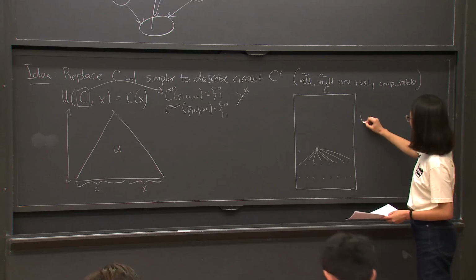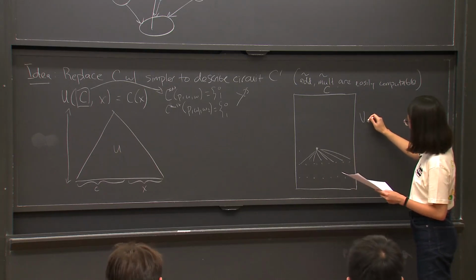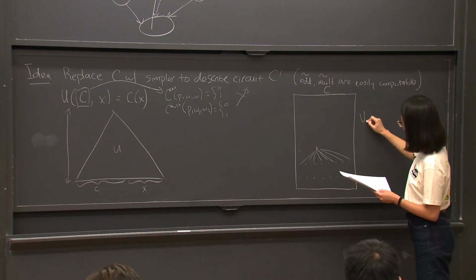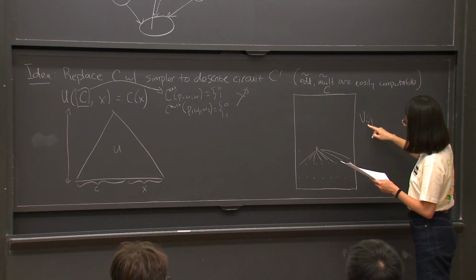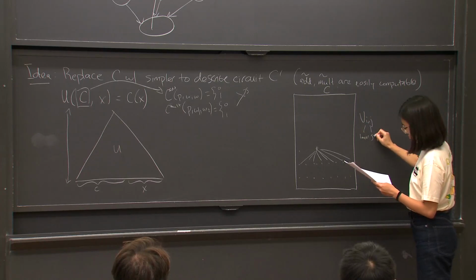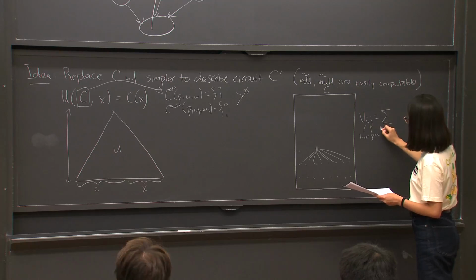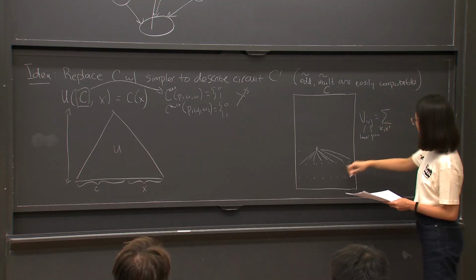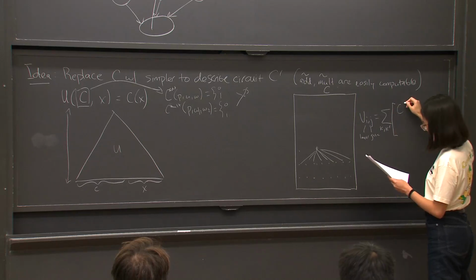So in particular, in the i-th layer, the value of this thing, where maybe this is a layer and this is a gate, is going to be a sum over possible gates in the previous layer of the following things.